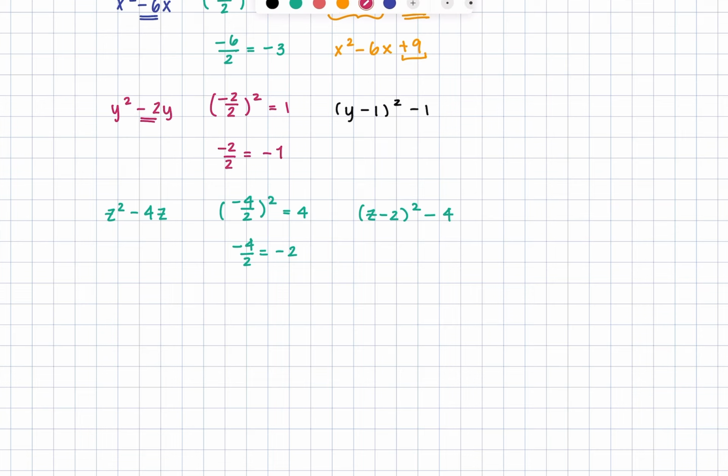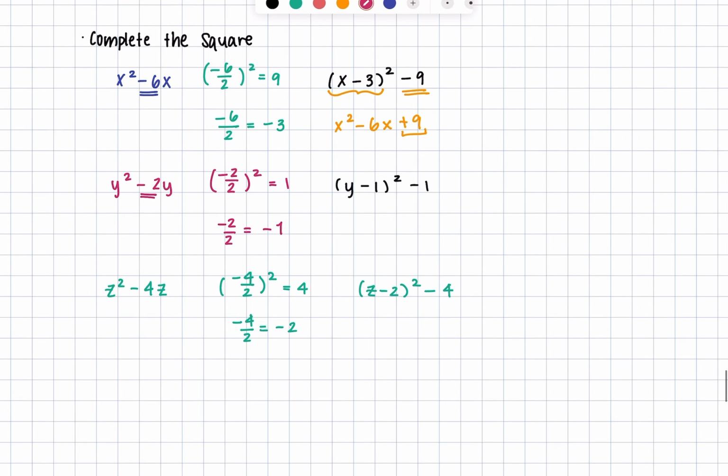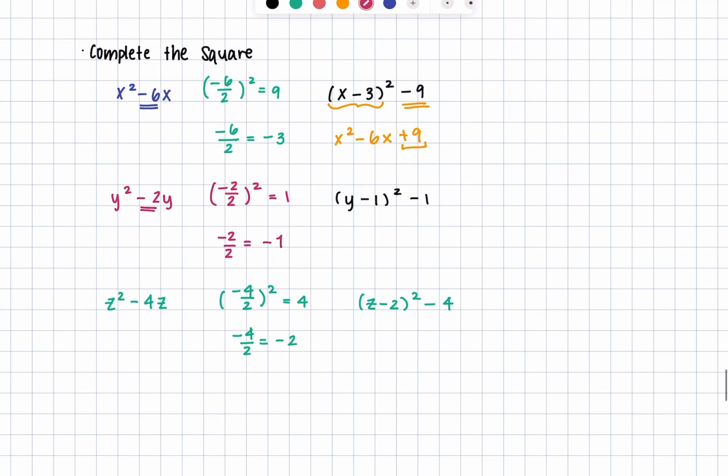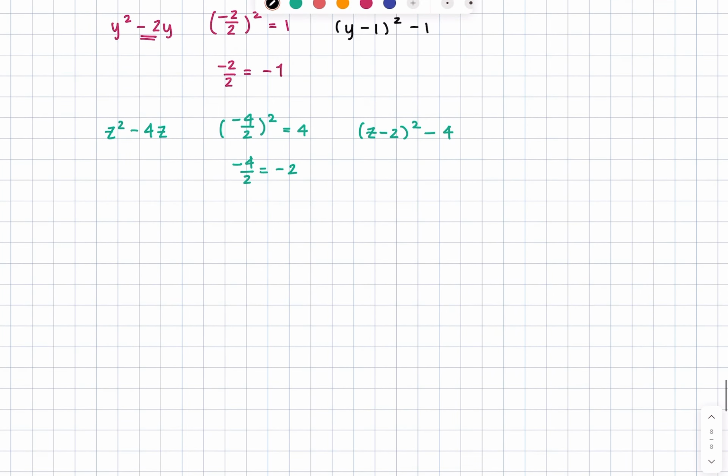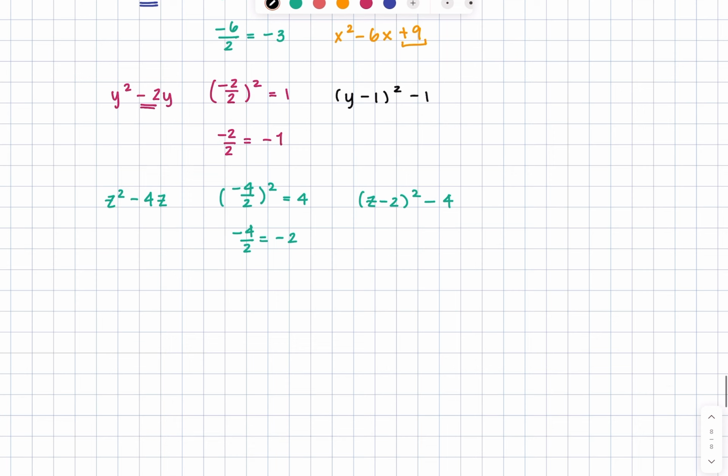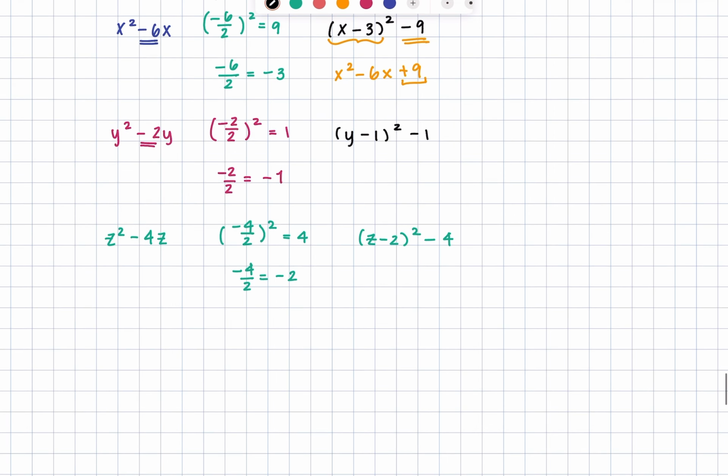Apologize for that mistake. Okay, so now that we have our three expressions, we can substitute them into our equation. We have our first one, which is x minus 3 squared minus 9, plus y minus 1 squared minus 1, plus z minus 2 squared minus 4.